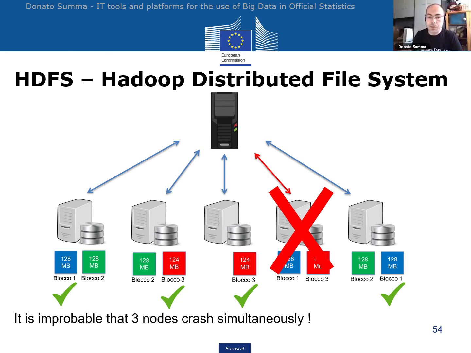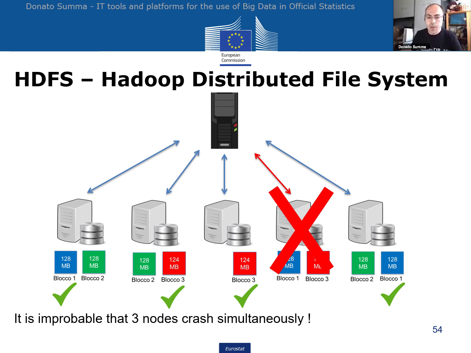It's still possible to retrieve all the blocks related to our file because, for example, the blue block is available from the machine, let's say number 1, and from the last one. The red block is still available from the second and from the third machine.